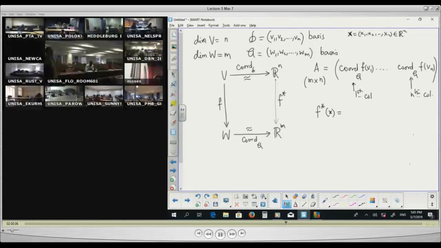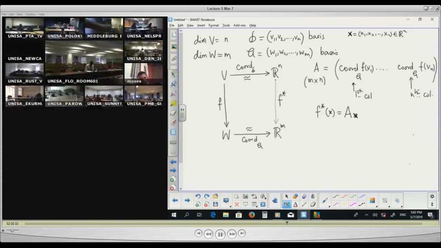F star of X is nothing else but Ax. I leave it to you now to do this, because the rest is very plain and simple. So check F star.